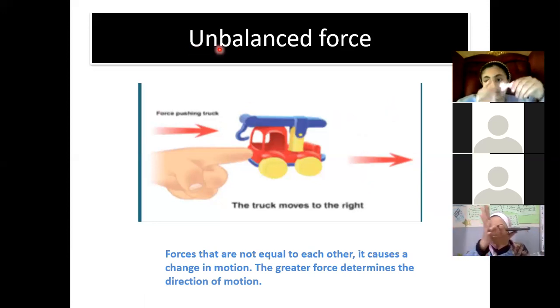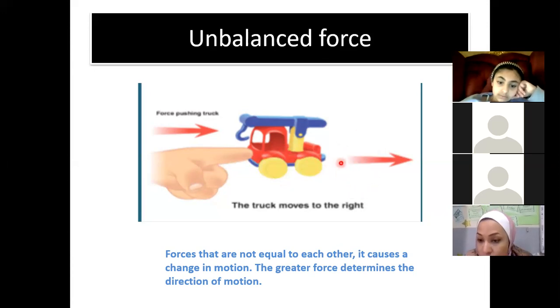So when you push it, you actually have one force only applied to the object, and on the other side, there is zero force. Okay, so this also is an unbalanced force because one of the forces is still bigger than the other. Do you understand so far, guys? Is there anything confusing so far? No. Okay, very well.